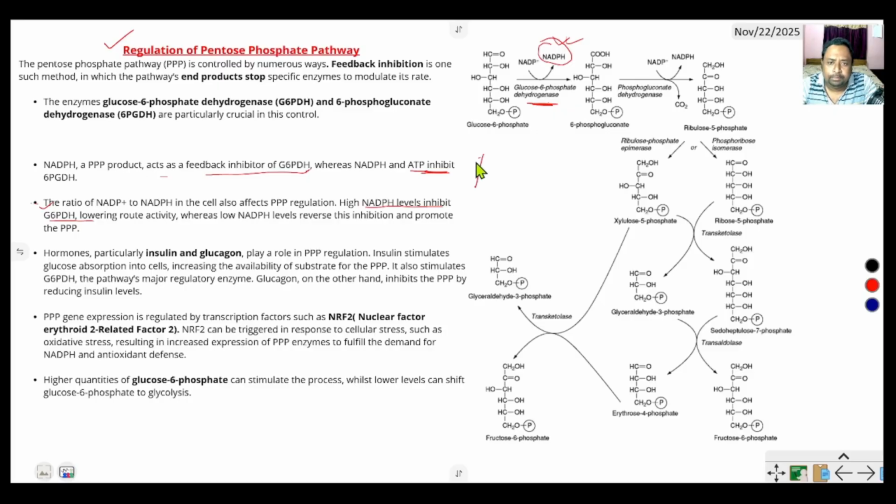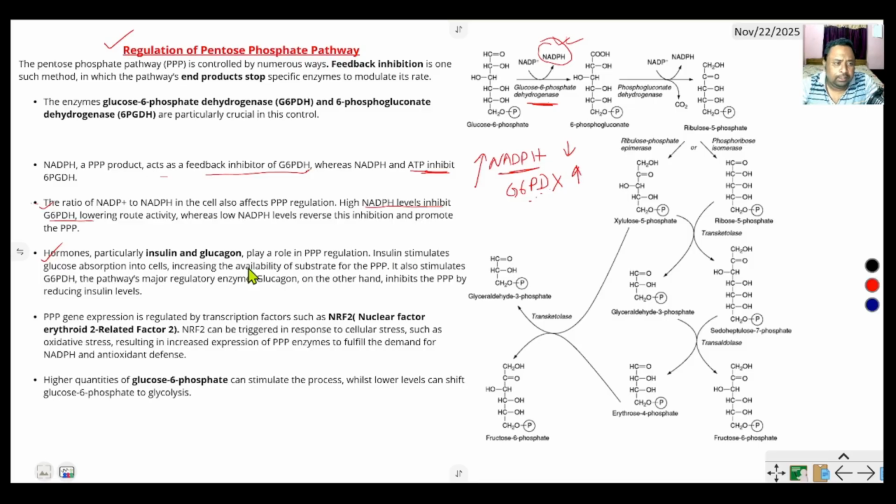When NADPH level is high, the glucose 6-phosphate dehydrogenase enzyme is inactivated. When NADPH level is low, the enzyme is activated to produce more NADPH. Hormonally, insulin and glucagon also regulate this pathway. How?